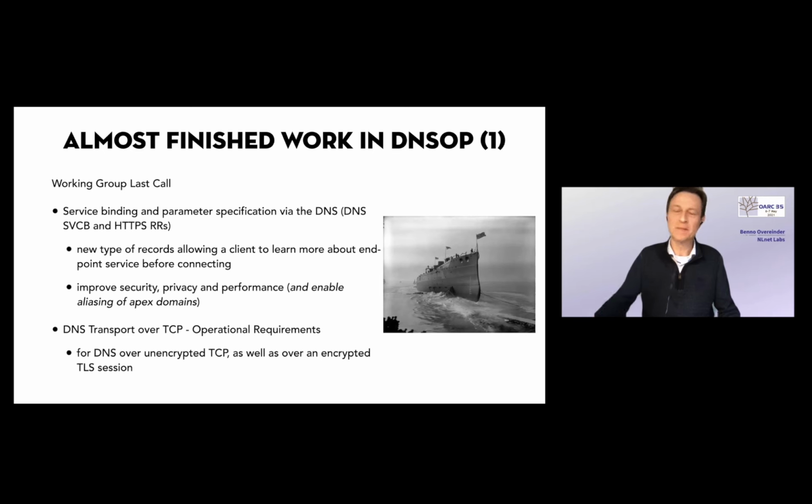This was already presented by Ben Schwartz at the previous OARC meeting. It gives you a new family of record types that allows a client to learn more about the endpoint and the service provided. Think of TLS or HTTPS. It also improves security and performance.